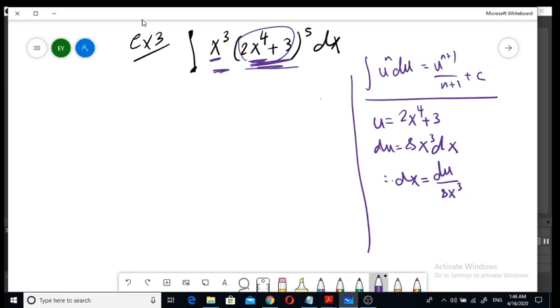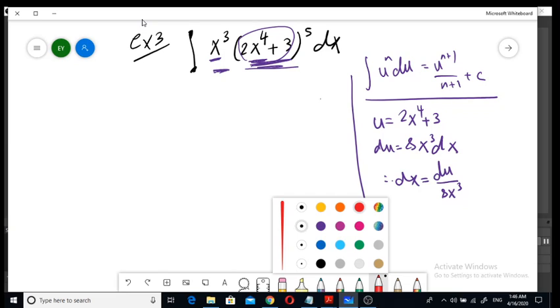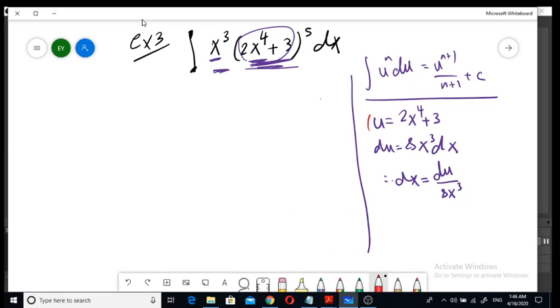So we are going to replace 2x^4 + 3 by u and dx by du over 8x cubed.